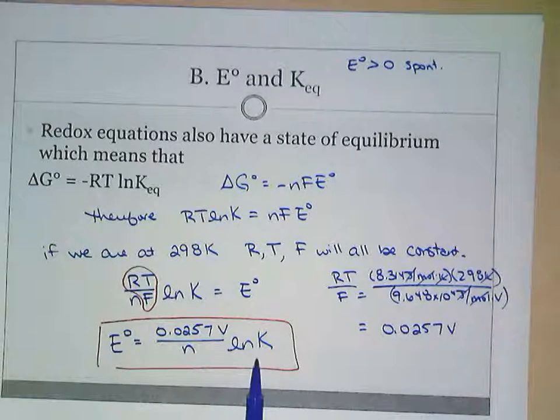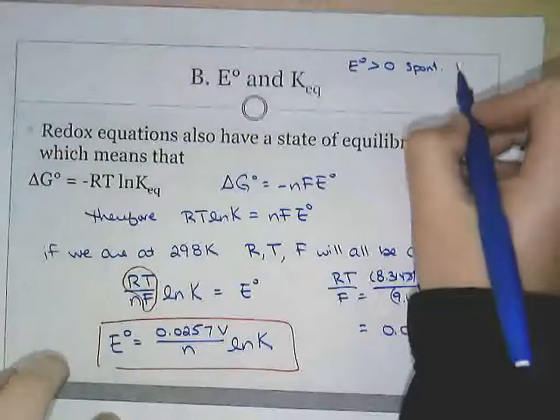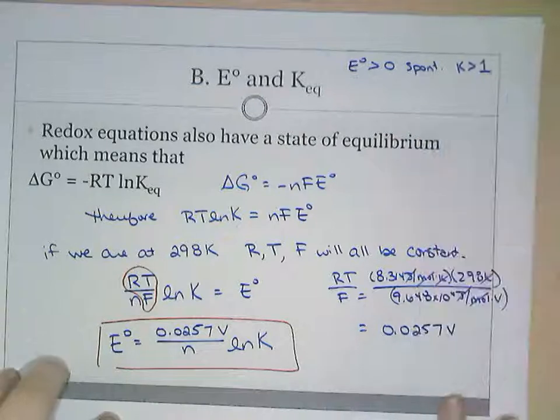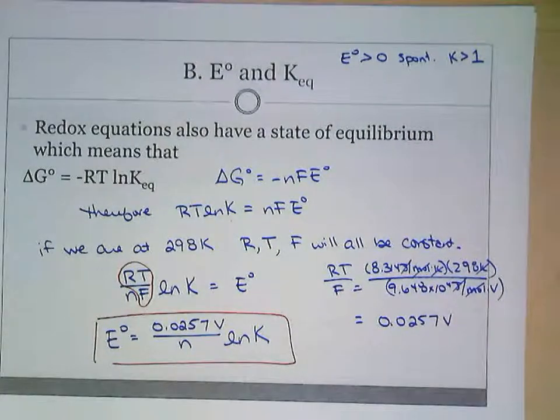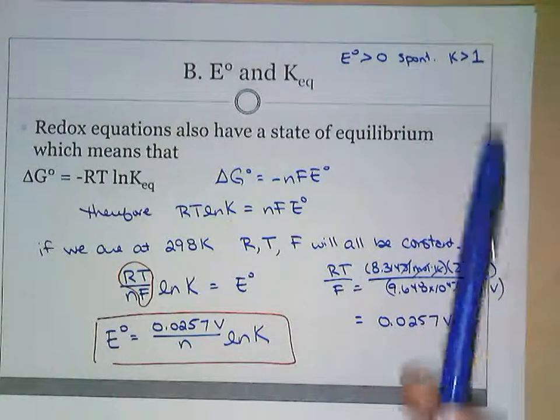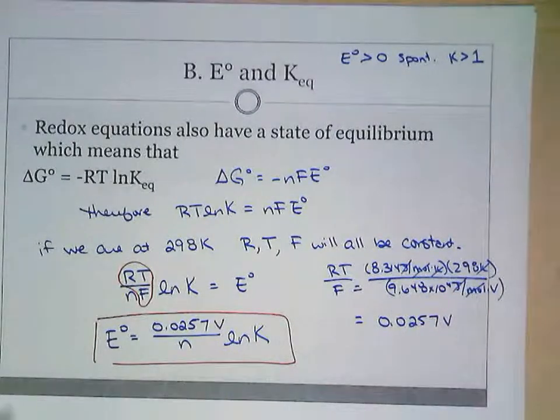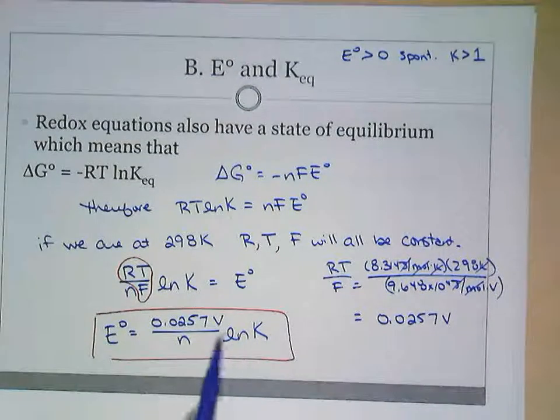Greater than 1 or less than 1? Greater than 1. So if E is spontaneous, it's telling me I'm moving towards products. K then must also be greater than 1 because it tells me I am moving in the direction where products are greater than reactants, which you can mathematically see. If you have an ln of K where K is greater than 1, natural log of that will be a positive value.